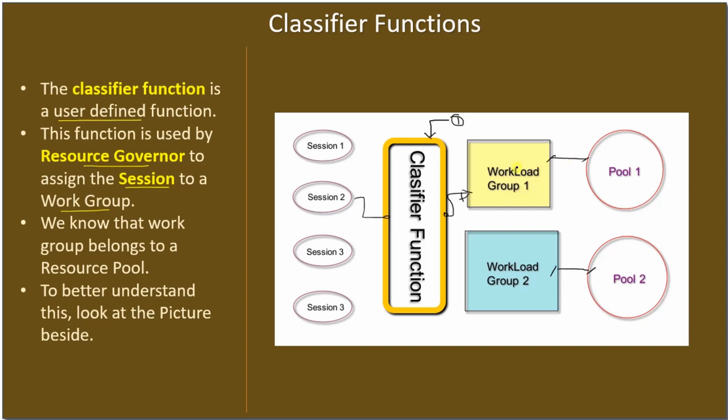But in this picture, we have workload group 1 that is associated to pool 1 with different CPU and memory requirements, and this is pool 2 with some other CPU and memory requirements. So based on certain classifier function conditions, the incoming session is tested and assigned to a workload group.